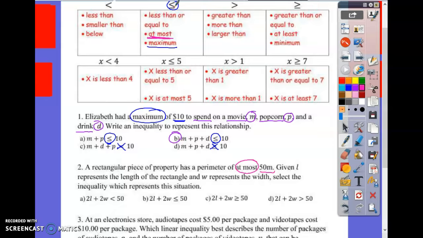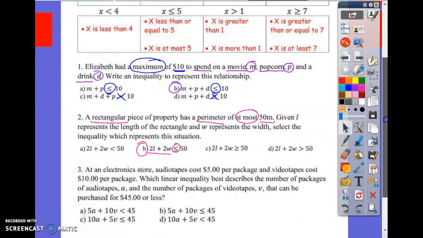So I'm going to use that symbol, 50. I have this symbol matches, and that's the only one that matches, right? The other ones don't match. And it's talking about a rectangular perimeter. So this is the perimeter formula, 2L plus 2W. So the answer is B. So all you're doing is looking for keywords that will help you match the inequality.